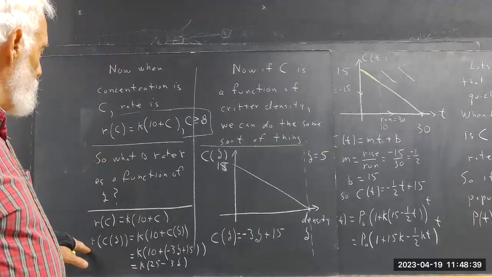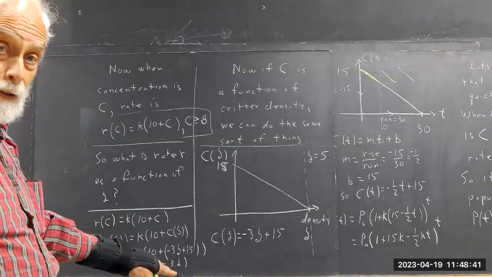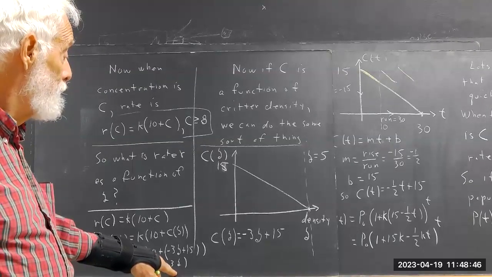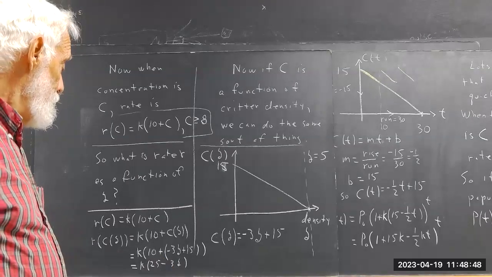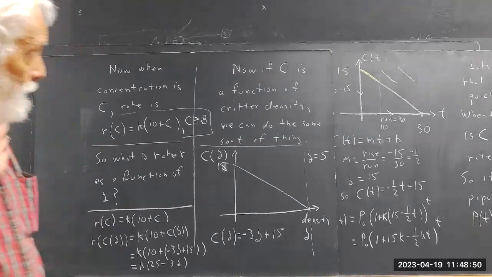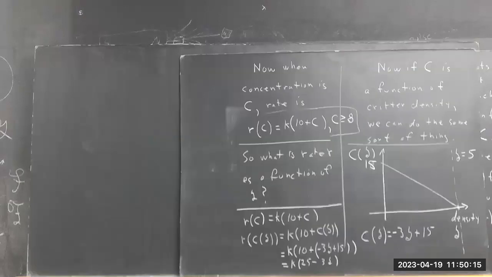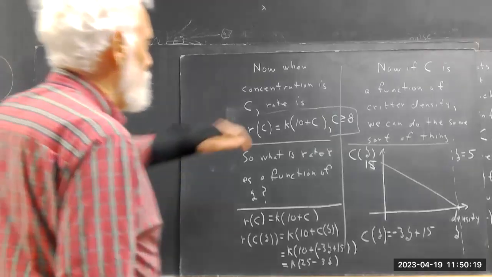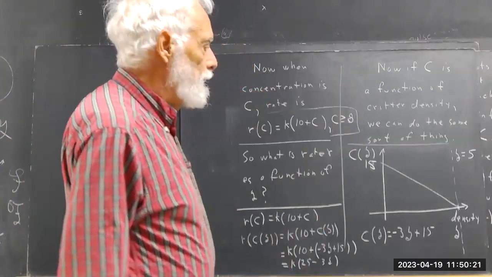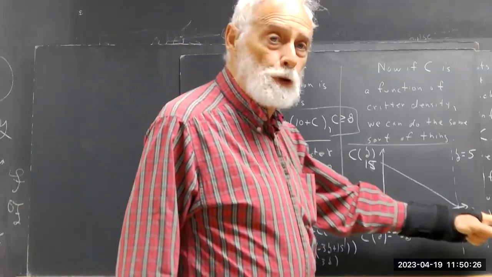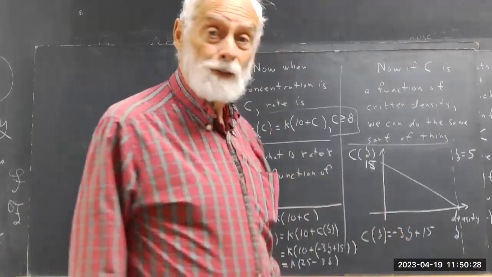Because now we want to do the rate as a function of delta density. So for C to be greater than 8, what do you have to say about delta? Okay, so we take this a little further. With the restriction that C is greater than or equal to 8, well, if delta gets too big, C is going to be less than 8, right?